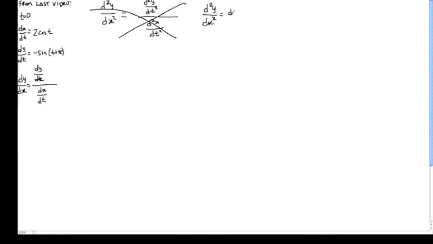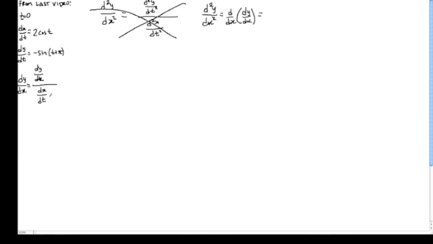The derivative of the first derivative, which is just dy dx. Okay, cool. So that looks neat, but then once we realize that both x and y are functions of t, as we figured out before, we have to use the chain rule, just like we did in this case.